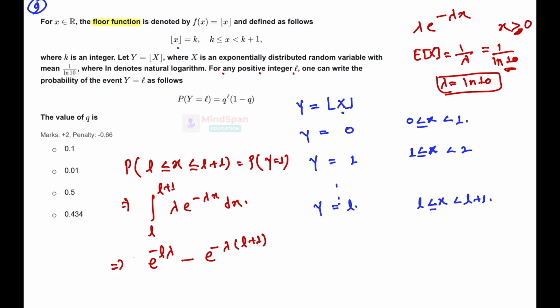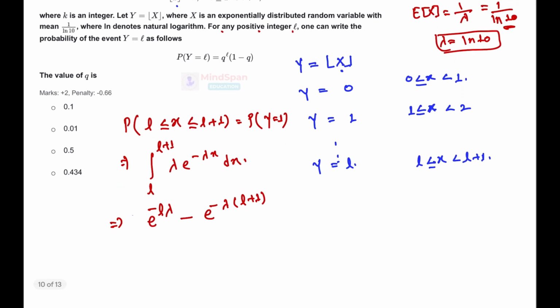So this is what you will get after evaluation of this integral, right? Let me proceed further, and one more thing, we have been given this lambda, that is ln 10.